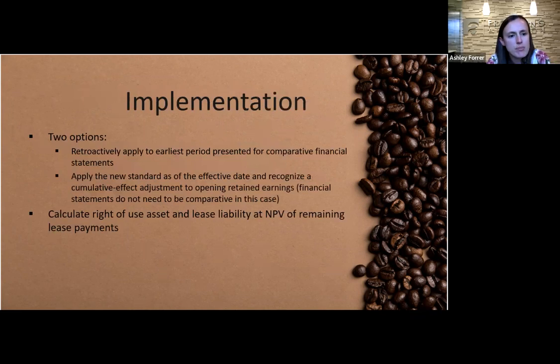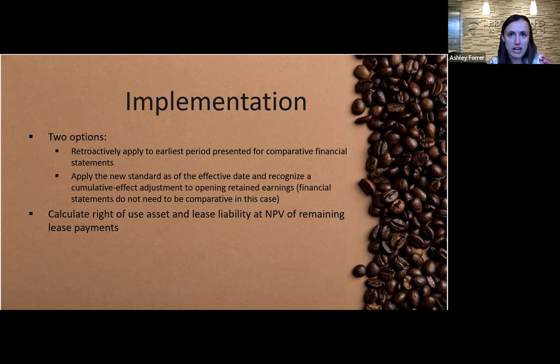And then implementation of the new lease standard. Like I said, for our calendar year end, this is going to be as of 1/1/2022. So there's two options for implementation as of 1/1. If you're doing comparative financial statements, meaning you're presenting 2021 and 2022 results, you can retroactively apply it to the earliest period presented.